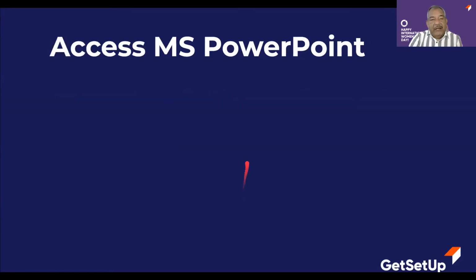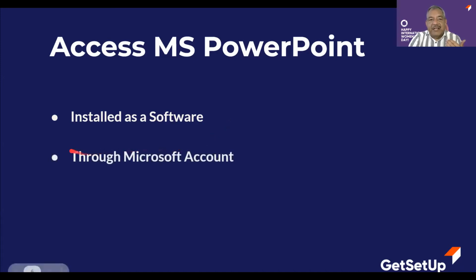Now, next coming is access of PowerPoint, as to how do we access PowerPoint. There are a couple of options for that. Number one, installed as a software. This session is based on this category. I have PowerPoint installed as a software in my Windows laptop. The second option is through the web, through a web browser.